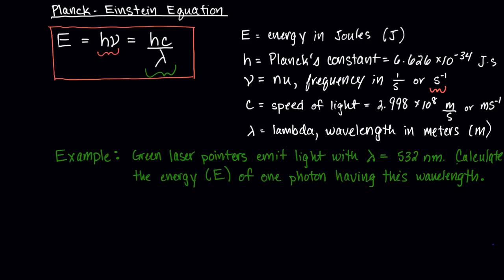Let's look at a sample problem as a way to demonstrate how we use this equation. Green laser pointers, which I really love to use, emit light with a wavelength of about 532 nanometers. I want you to use the Planck-Einstein equation to calculate the energy of one photon having this wavelength. Before we jump into solving this problem, I want to talk about an important point.